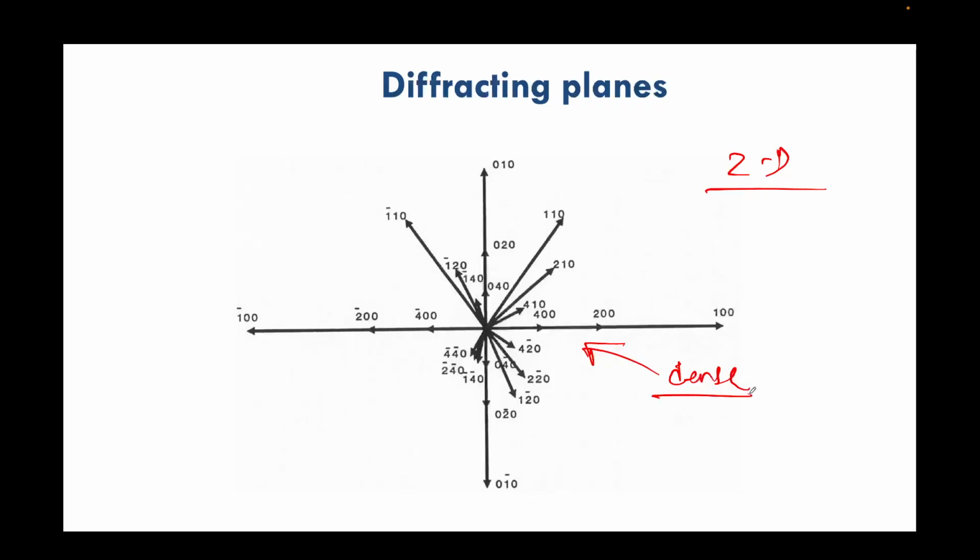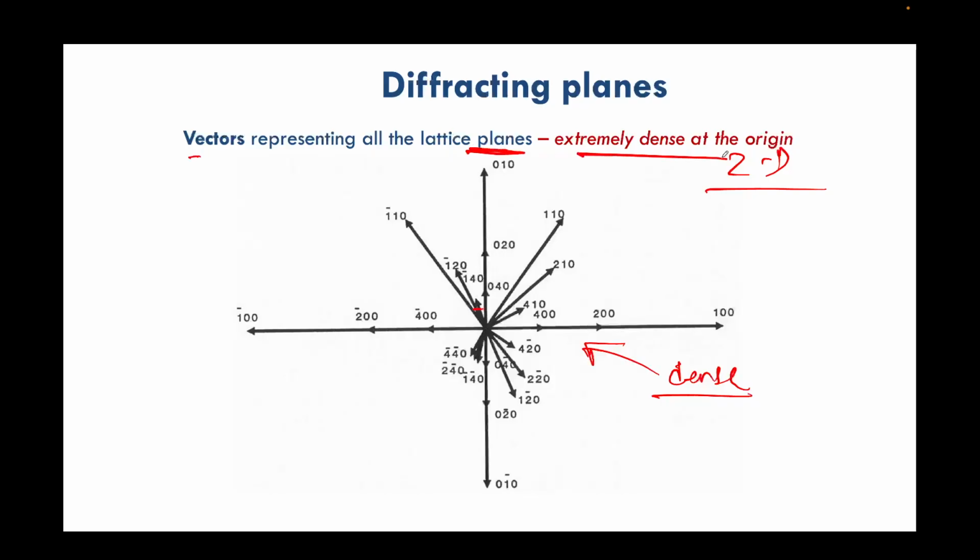If I go to higher order planes, let's say 410, I am not able to visualize this magnitude. So how will I know whether the plane satisfies the condition of diffraction? These vectors representing all the lattice planes are extremely dense at the origin. Though this solved my earlier problem, it is still not helpful, right?